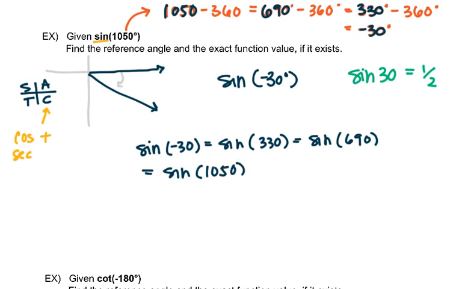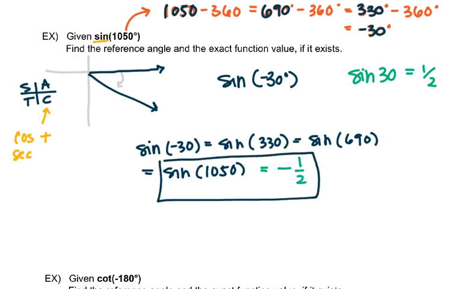These angles all stop right here, and since it's in quadrant 2, it's going to be equal to negative 1/2. So these are all equal to -1/2. Sine of 30 is in quadrant 1, so that's +1/2. That would be up there. But we're using what we know about sine of 30 degrees to infer what sine of -1050 is.